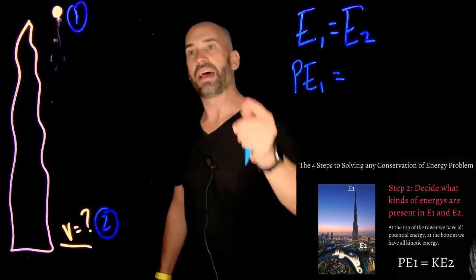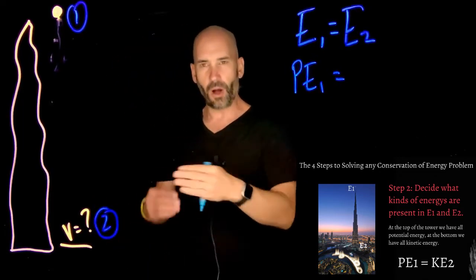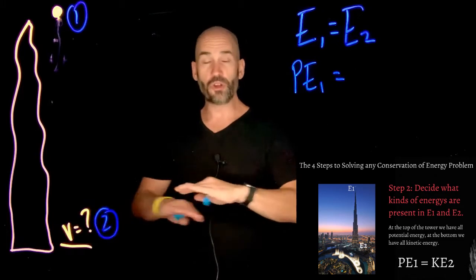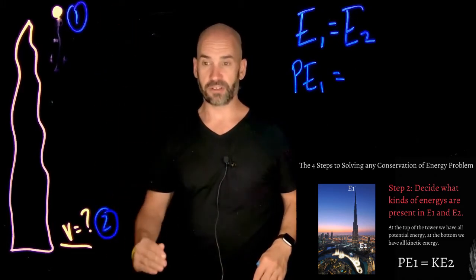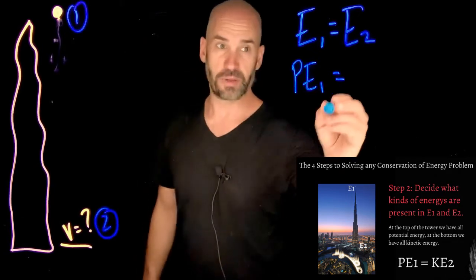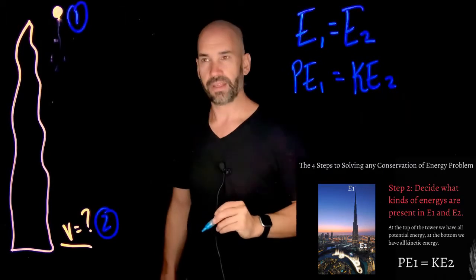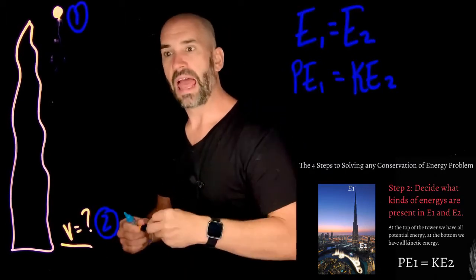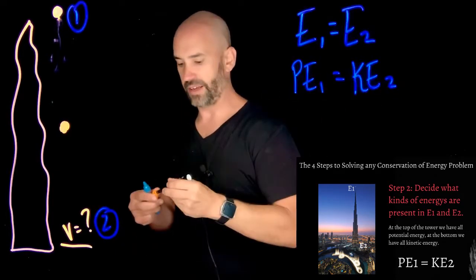All right. Now down here, just before I hit the ground, do I have any potential energy? No, I've lost all my height, right? There's no potential energy down there, but the velocity has increased, which means there must be some kinetic energy down there. And just to point out, anywhere in between, it's some mixture of potential and kinetic energy, right?